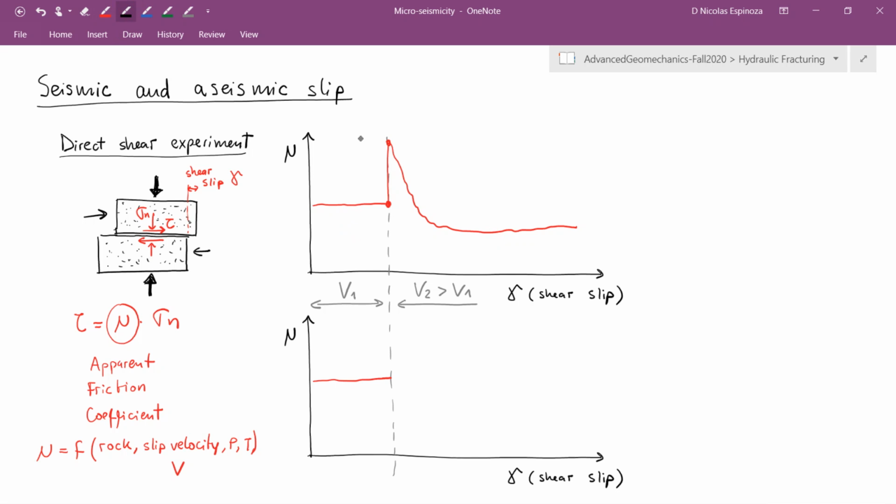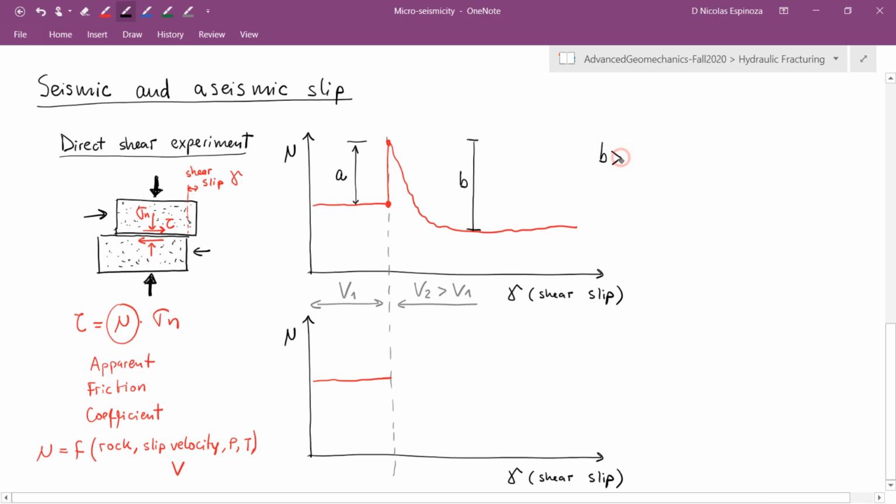And this can be characterized by two parameters. The change from v1 to the maximum is usually given by the parameter A, and the change from the maximum to the stable velocity at velocity v2 goes by B. So whenever B is larger than A, I am in the presence of a material which is called velocity weakening.